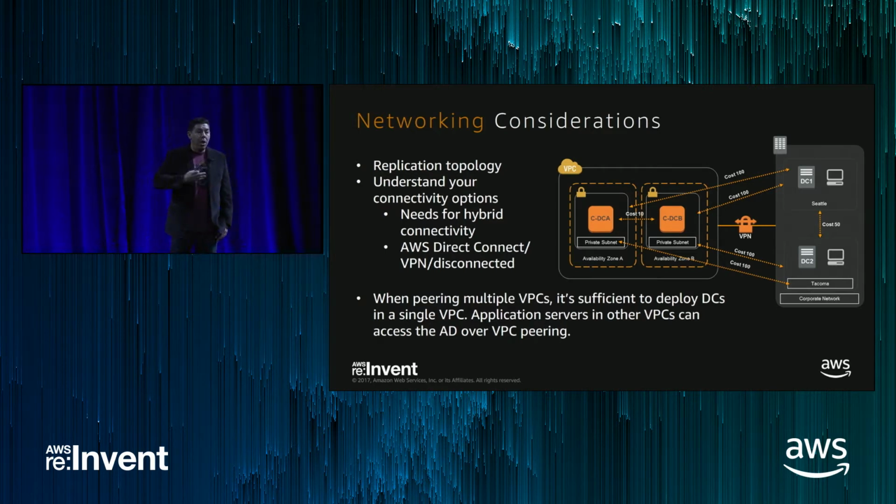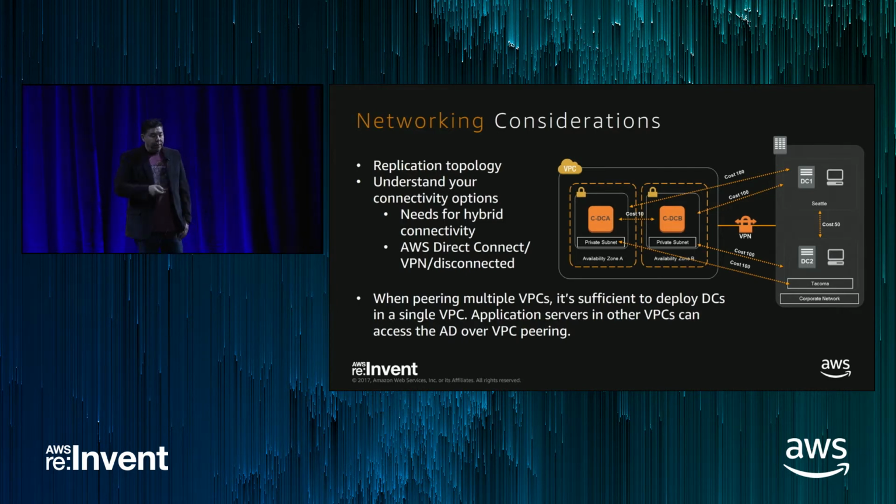Do you have multiple locations around the world that you're using with multiple data centers, branch offices? And then what does that connectivity look like into AWS? Do you have Direct Connect? Are you using VPN? Or is this going to be a disconnected environment? All that is going to help you determine how to set up your sites, your site links, any bridges that you may need to put in place to control and manage your replication.